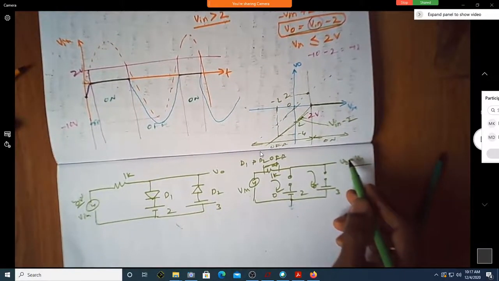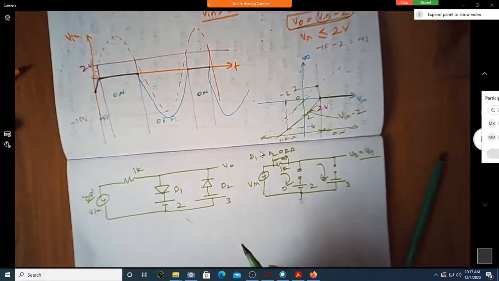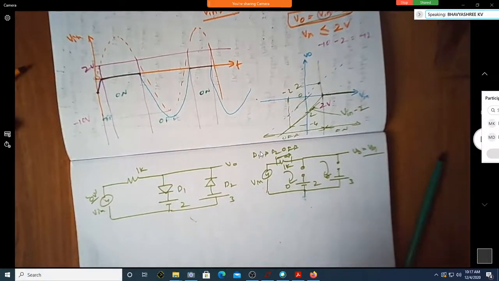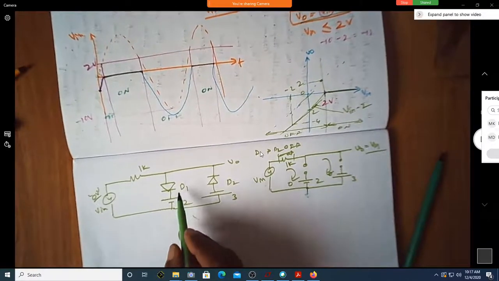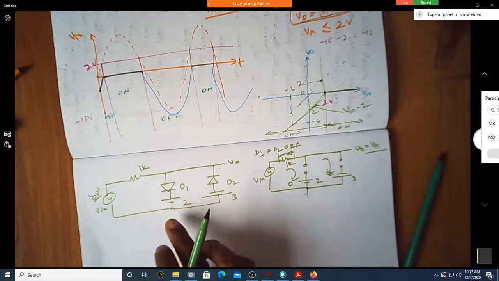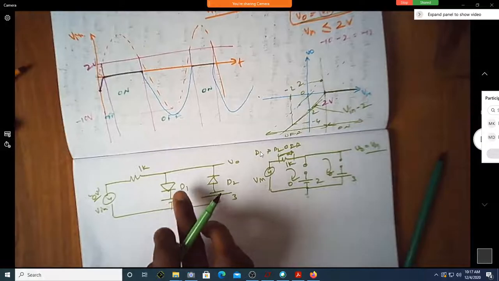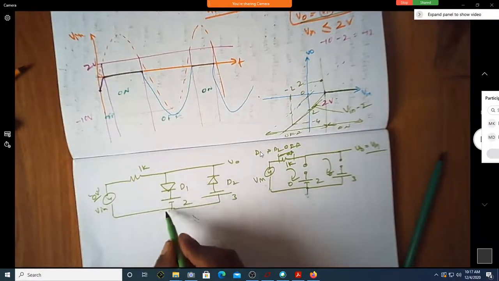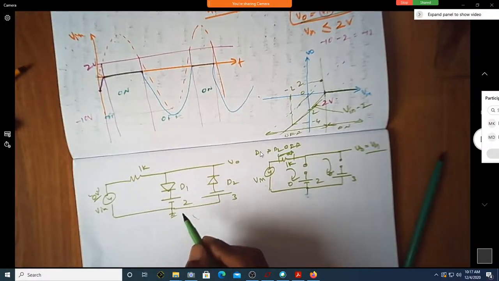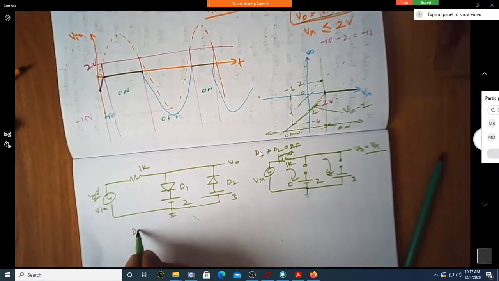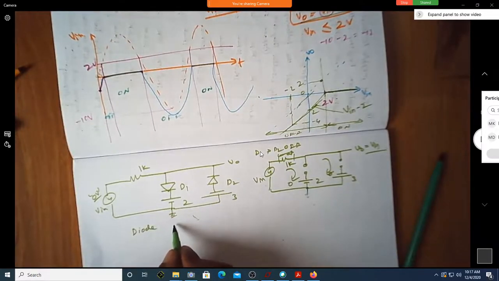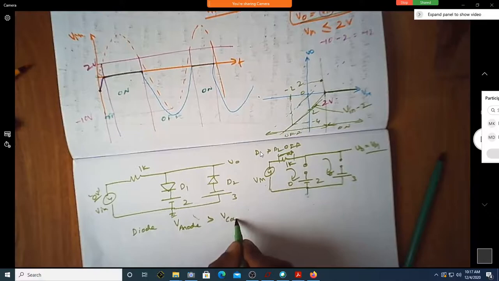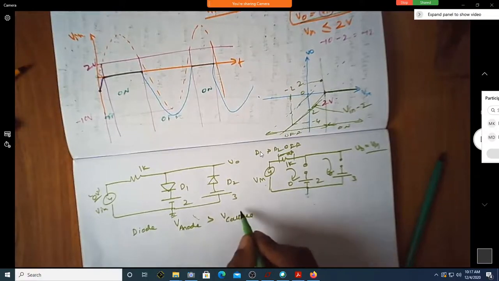Correct? Yes, sir. Okay. Next, let us consider a condition during the positive half cycle. During the positive half cycle, is there any possibility that D1 can turn on? When does the diode turn on? As we discussed earlier, if the voltage at the anode exceeds the voltage at the cathode, in an ideal case, then the diode turns on.